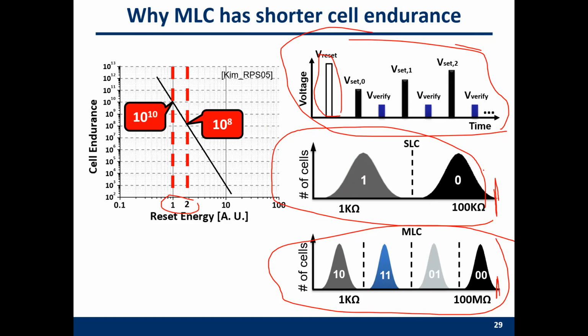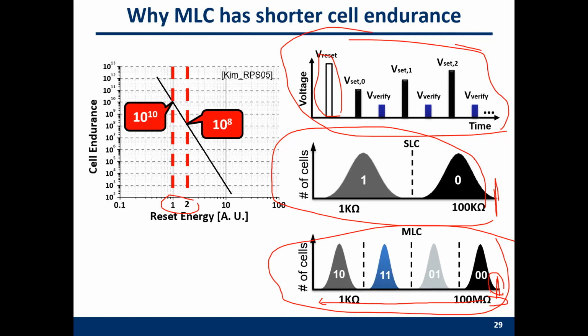So we can use a very small reset energy to do the reset operation. But for the multiple level cell, we need a large range to tolerate more states. We need a larger maximum resistance. Then we need a larger reset energy to do that.